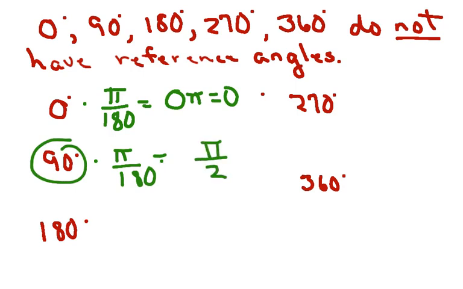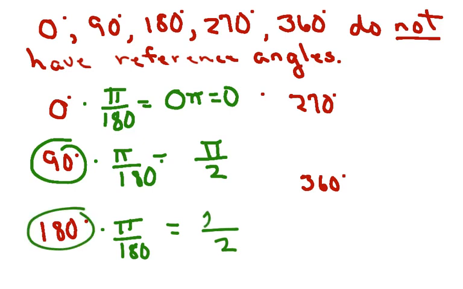How many 90 degrees are in 90? 1. How many 90 degrees are in 180? 2. So you get 2 pi over 2, which equals pi.